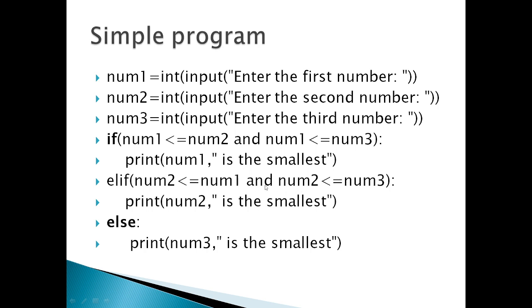In case of and, the output will be printed only if both conditions are true. So this will not be printed, and control will not go inside the else either, because our first if condition was already true. So else will not be printed. Thank you.